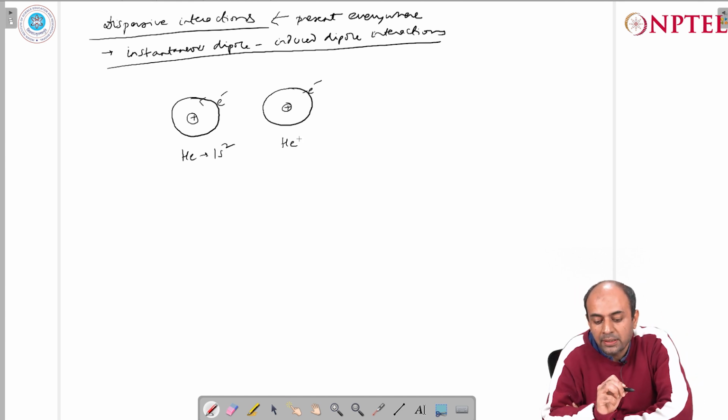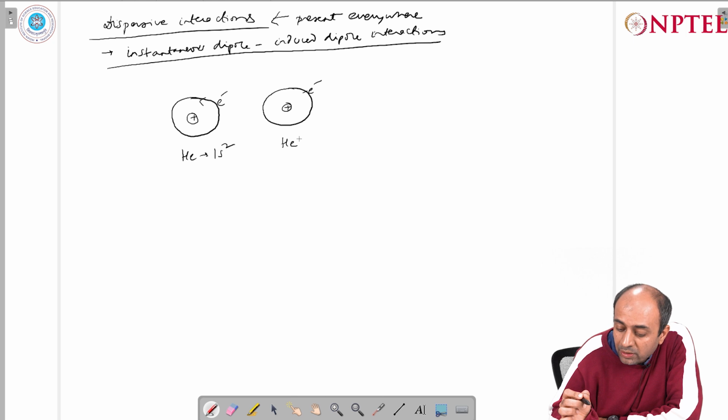Now, it is important to realize that we think that both the electrons classically are shown as paired up, but in reality the electrons are not particles, but they are actually quantum mechanical waves.